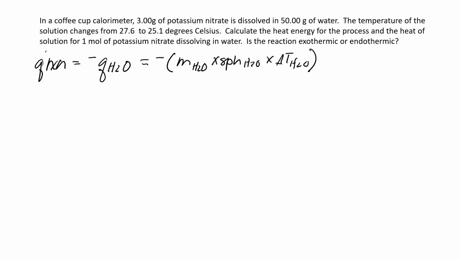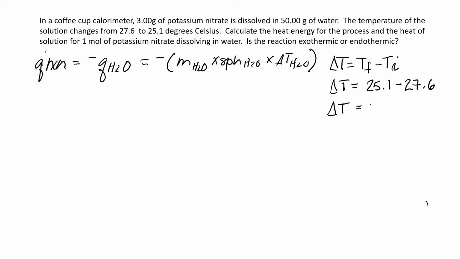We need to calculate delta T, and delta T equals T final minus T initial. So delta T equals T final is 25.1, T initial is 27.6. So our delta T is a negative 2.5 degrees Celsius. We were subtracting here. We need one decimal place in our final answer.